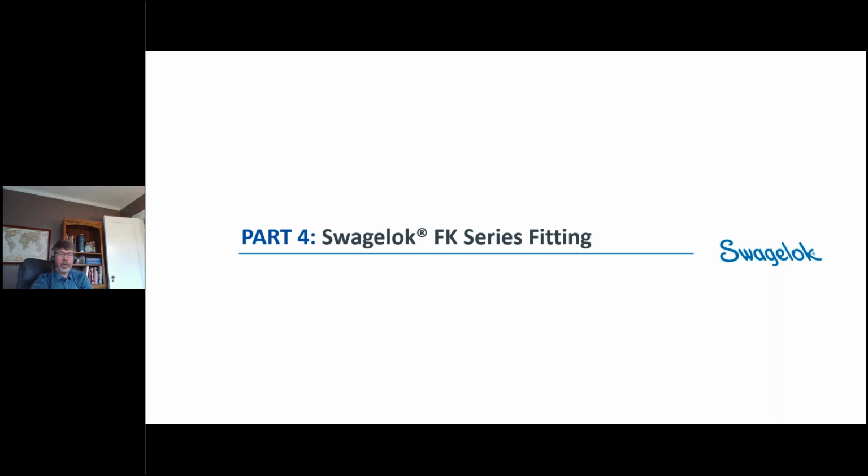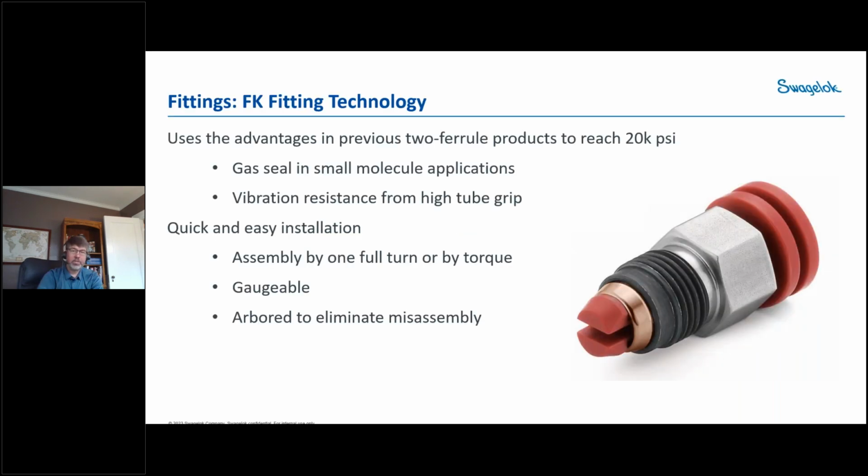So we want to discuss how we at Swagelok applied this knowledge on how ferrule designs work to what we call our FK series fitting. So this is a picture here of the nut and the ferrules of an FK fitting. It's on a red arbor. It's just an assembly holder piece, and this is put into a body with a female thread, of course.